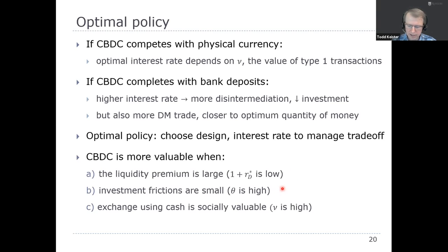It's also going to be more attractive when investment frictions are small. So when this pledgeability parameter is high, close to 1, because when the investment frictions are small, you want a small liquidity premium, and introducing a digital currency and paying a high interest rate on it is a way to drive down the liquidity premium. And it's also going to be more valuable when exchange using cash is considered socially useful by the policymaker, when this nu parameter is high.